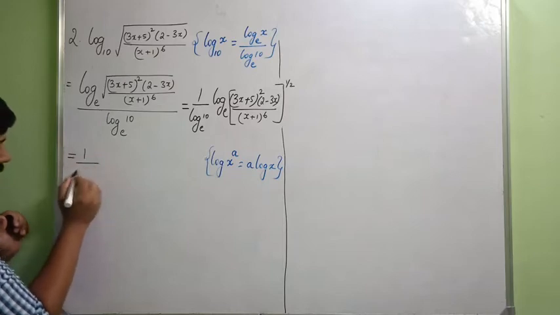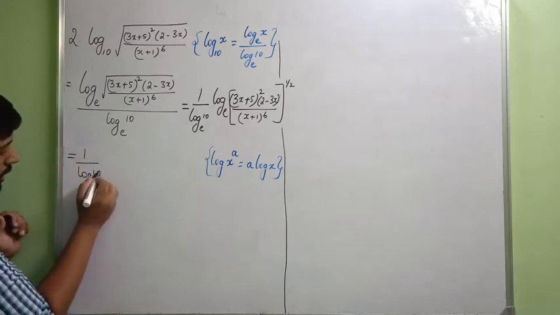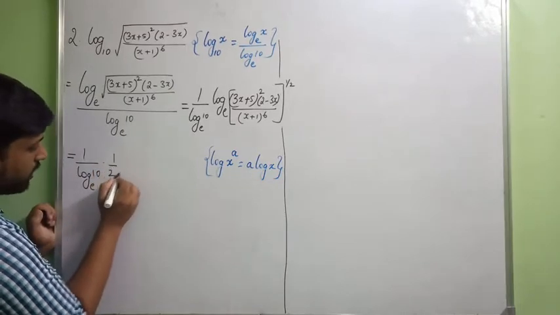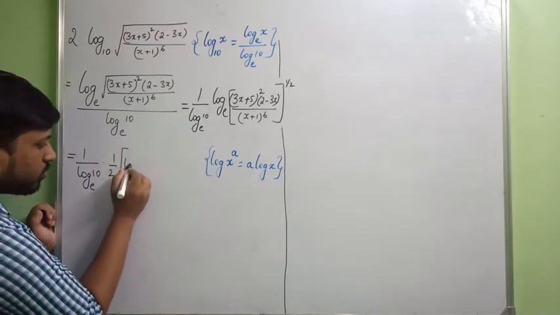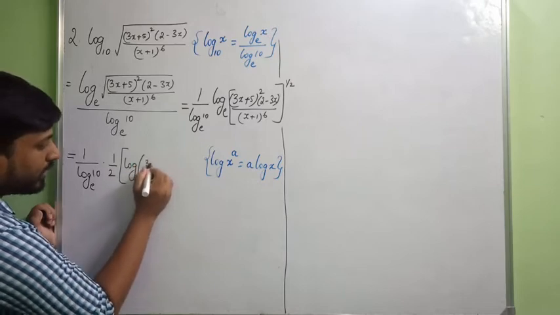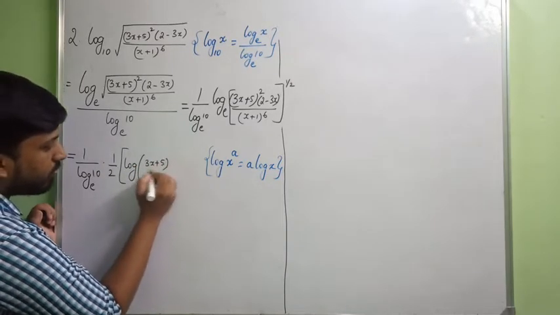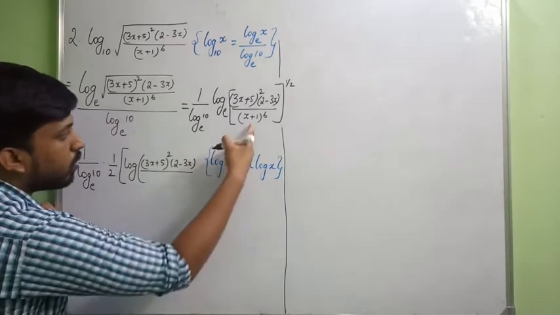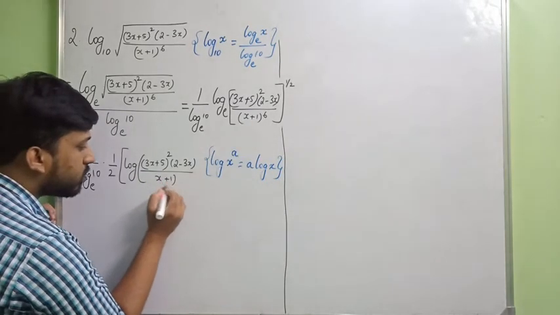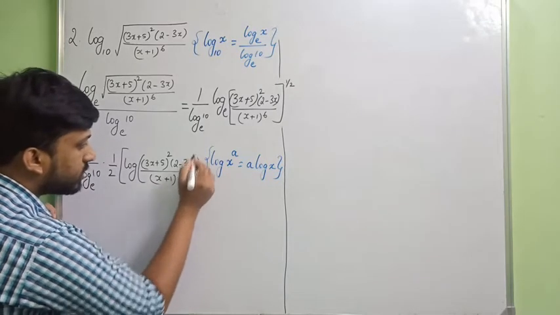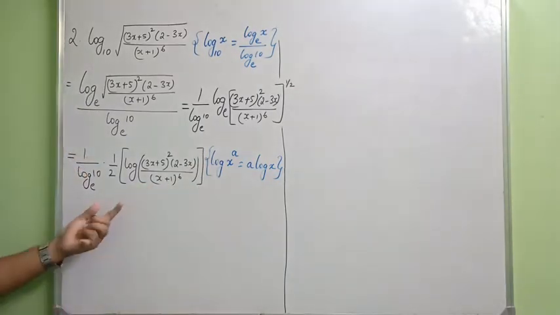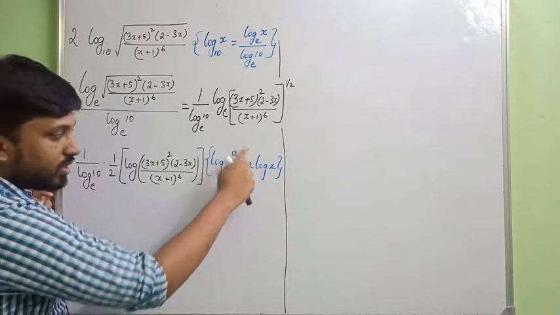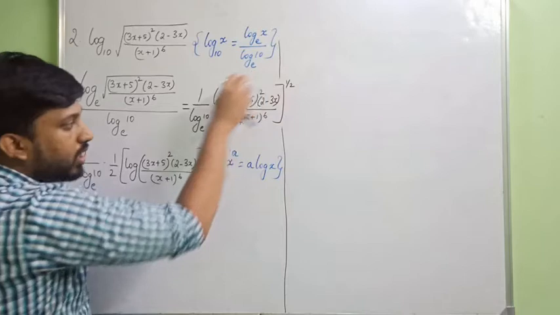It is 1 by log 10 to the base e and 1 by 2 into log of 3x plus 5 the whole square into 2 minus 3x whole divided by x plus 1 to the power of 6. I will be getting this. I have applied this, that is log x to the power of a is nothing but a log x. This power comes before the log.